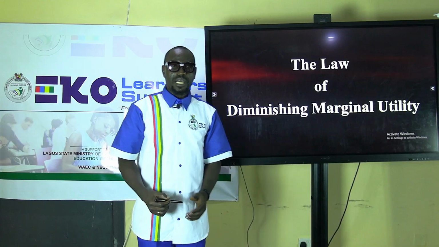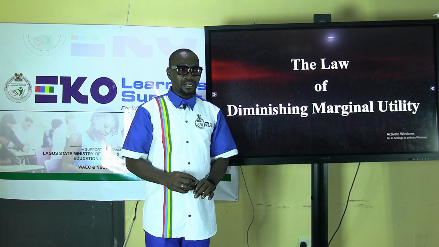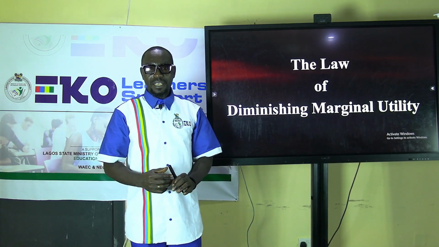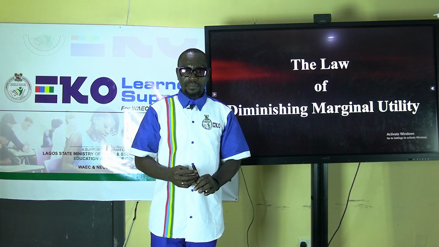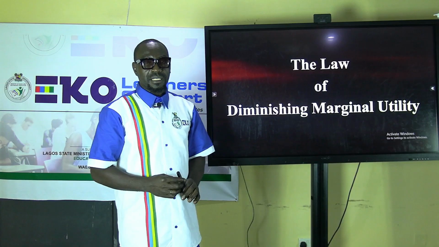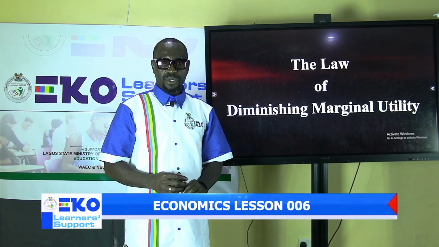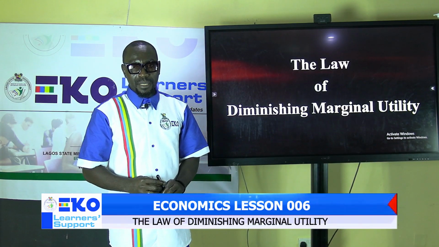Before now, we have learned about what utility is, which essentially talks about the satisfaction that we derive by consuming commodities. We have seen that utility hypothetically can be measured, can be determined in concrete terms.